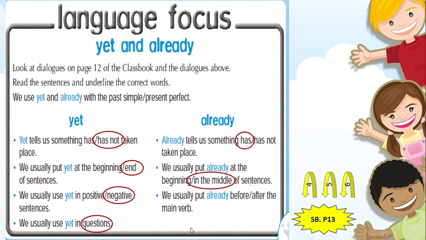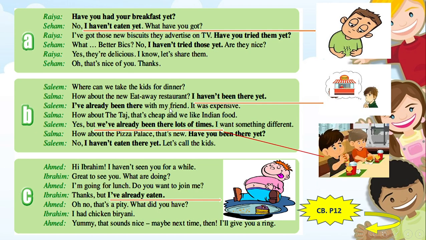Excellent. Now, look at the last one. We usually put already before or after the main verb. Again, we have to go back to the dialogue and find out if already comes before or after the main verb. Let us look at this sentence we have here. We have already been there lots of times.